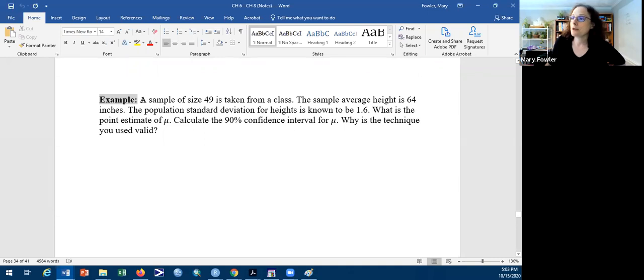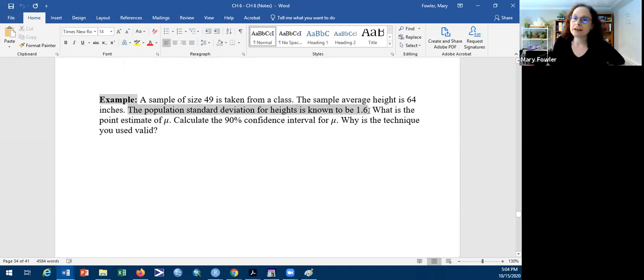A sample of size 49 is taken from a class. The sample average height is 64 inches. The population standard deviation for height is known to be 1.6. So that's the sentence that has the word population, that has the word standard deviation. And let me highlight it here.